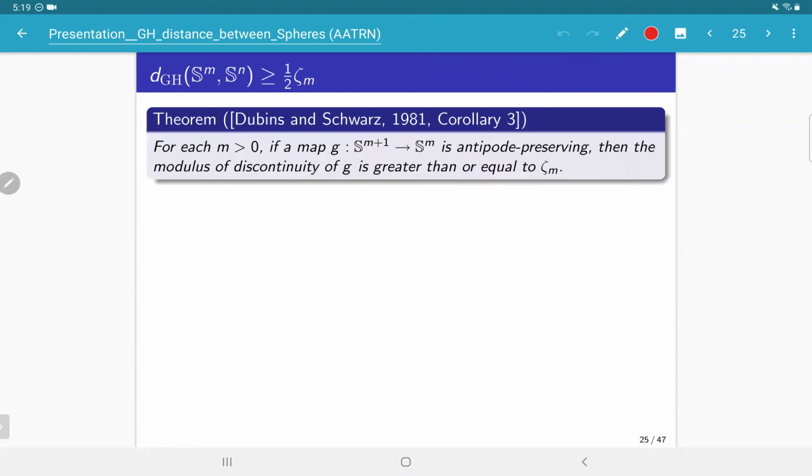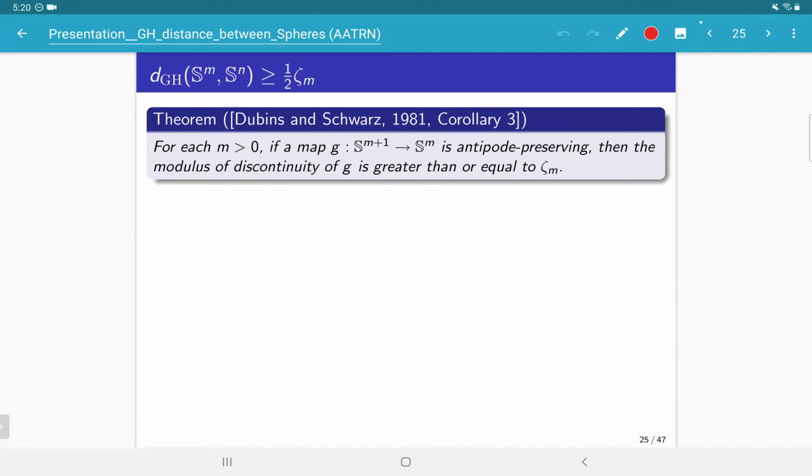Okay, so here is our main tool. For each m, if G is a map from S^(m+1) to Sm, not necessarily continuous, and if G is antipode preserving, then the modulus of discontinuity of G is greater than or equal to zeta sub m.